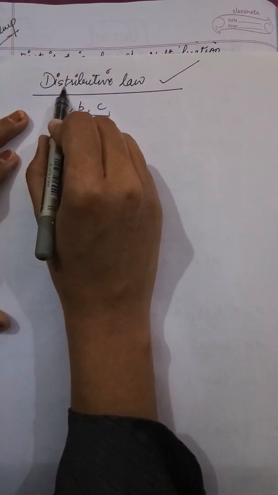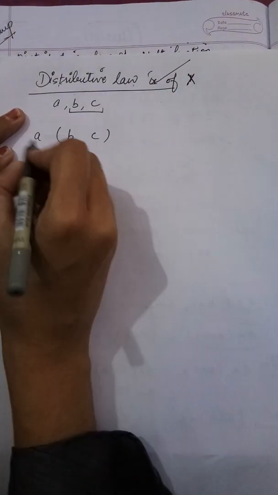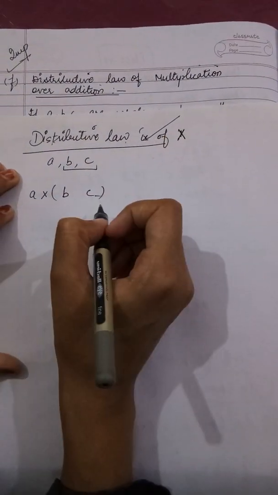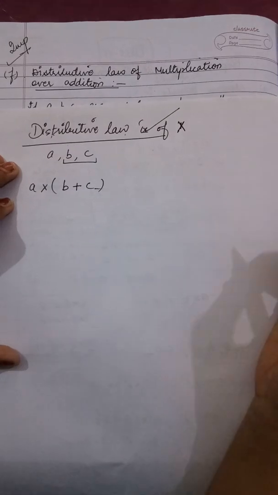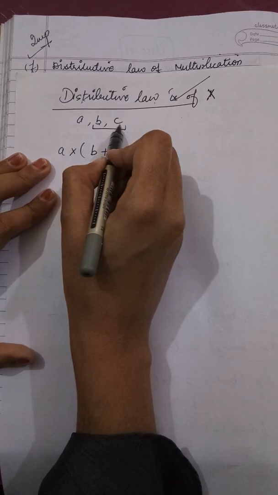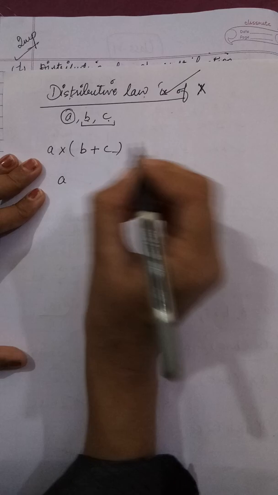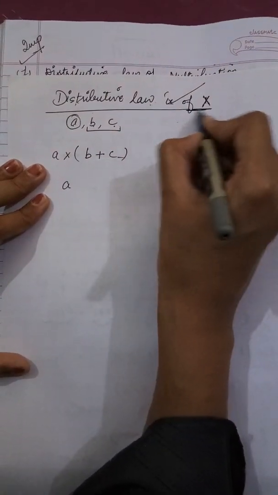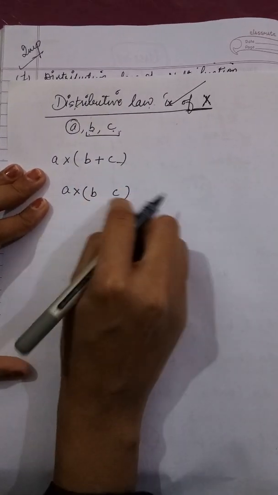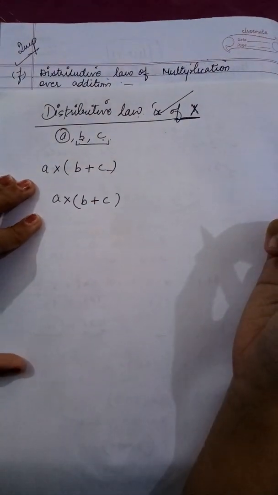Since this distributive law is of multiplication, A I will multiply with B and C, and it is over addition. So that means when it is over addition, the sign will be plus. Again see, what I have done is A, B and C I have taken three whole numbers, and what I have done with them is this A I am going to write as it is, over of multiply, so multiply sign will be there, and rest B and C is there, so these two will come inside the bracket, and since it is over addition, so here the sign of plus will come.